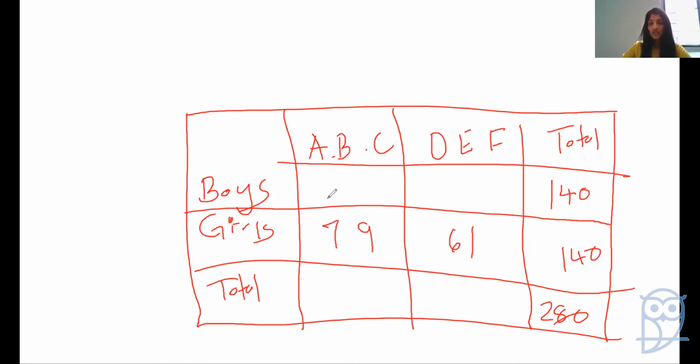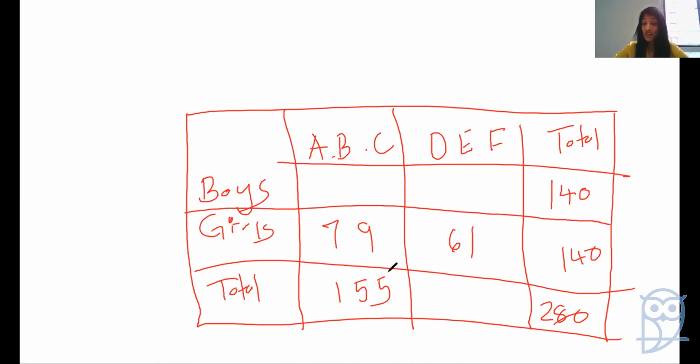But now we need to know how many boys are getting A, B, or C. They say 155 of the students get a grade of A, B, or C. So for A, B, or C, we need to have the total of 155. How do we work out how many boys are getting A, B, or C?